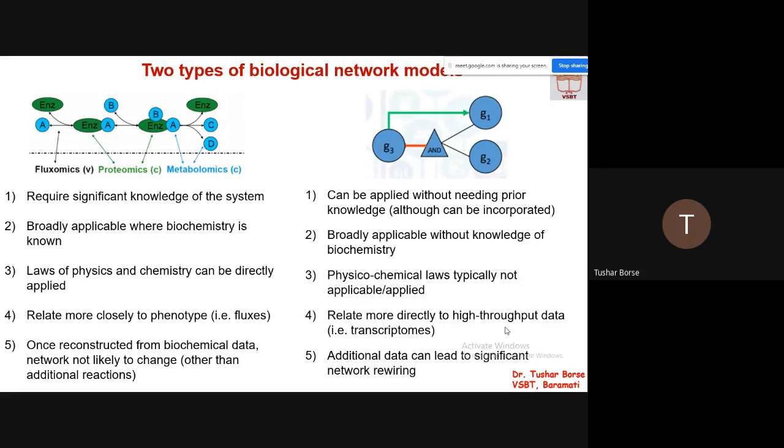Now in the statistical form, when you do it in silico, you can easily modify or reconstruct the network. So the network wiring can be changed in the case of the statistical network system. Just remember that these are the two types of network models which can be generated.